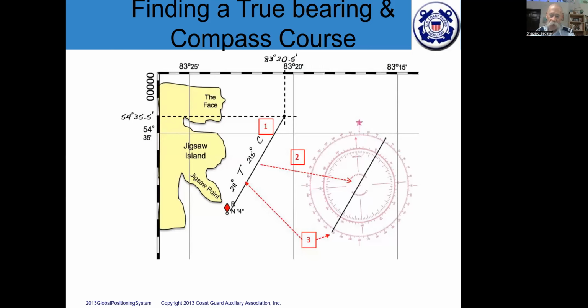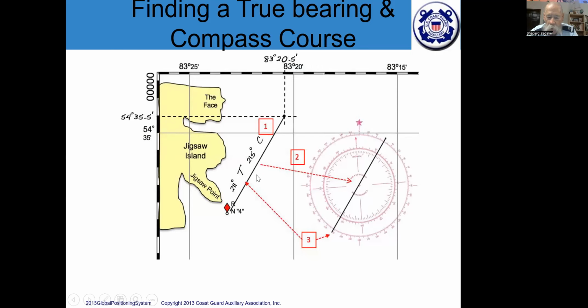We've drawn a line here from this point, which happens to be at 83:20.5, and we want to go down here to this red nun number 4 that was on your chart to begin with. So we need to know what direction we should steer.